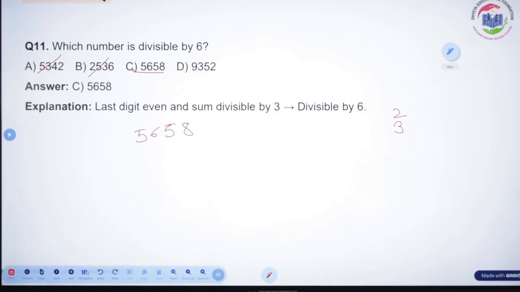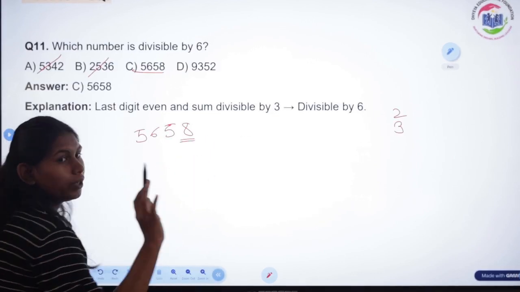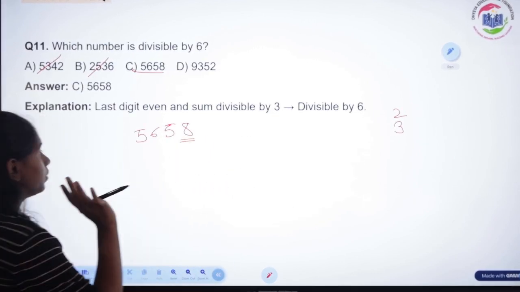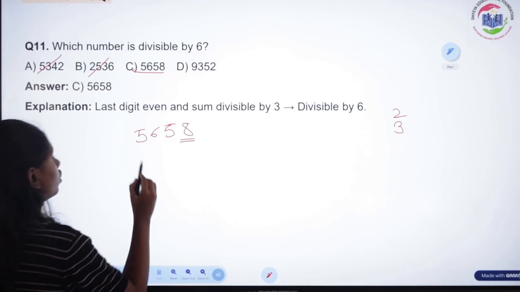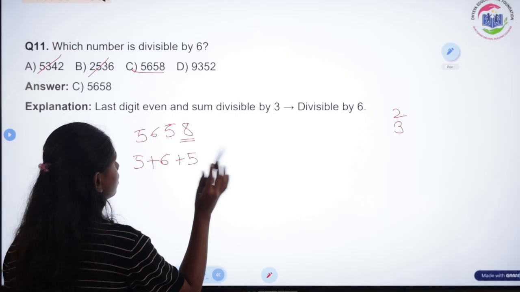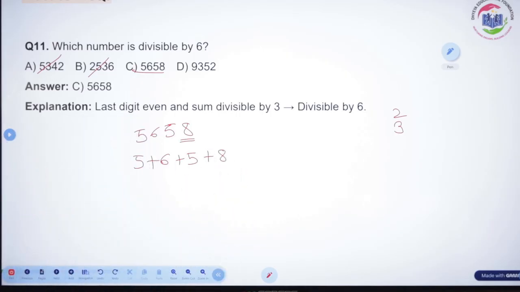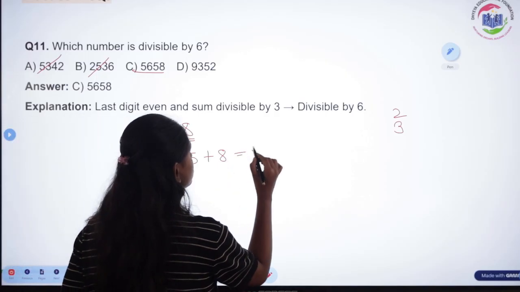What is the condition for 2? The last digit should be even. Here the last digit is even. Now add the digits: 5 plus 6 is 11, 11 plus 5 is 16, and 16 plus 8 is 24.